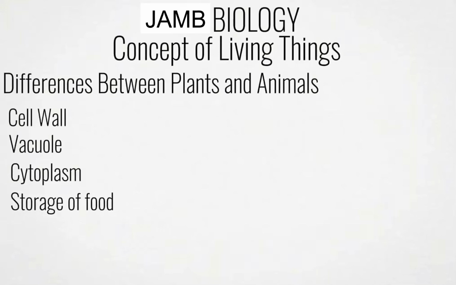In plants, food is generally stored as starch in the cell, whereas in animals, it is stored as glycogen. Another organelle we'll have to discuss is the centriole. Centriole is absent in plants. However, it is present in animals and it initiates cell division in animals.